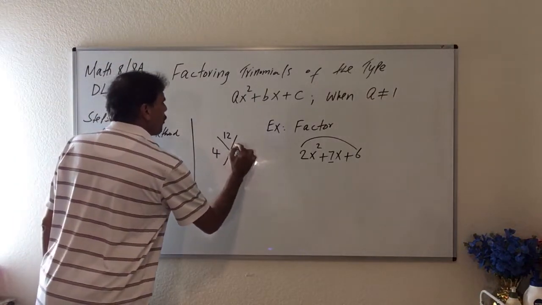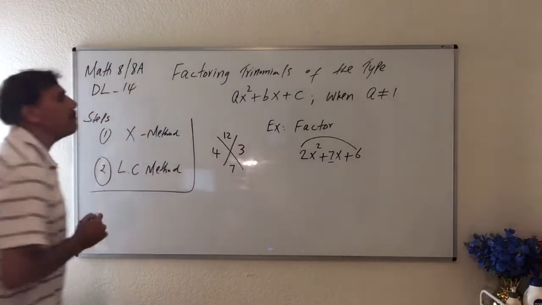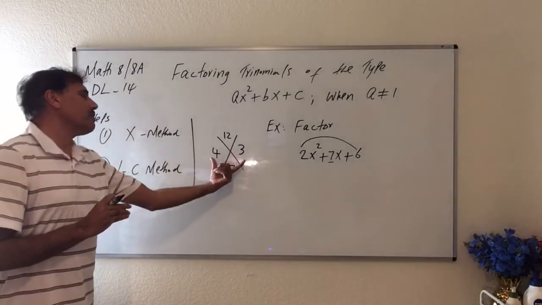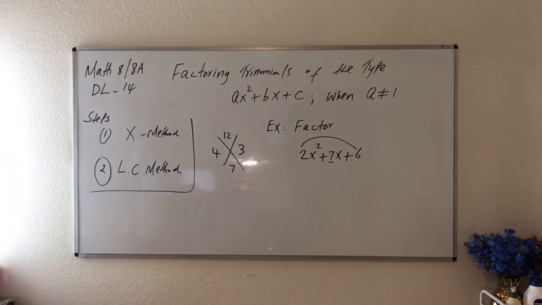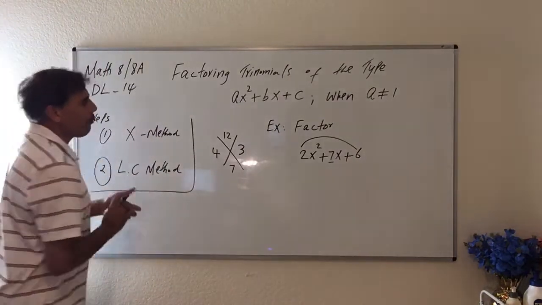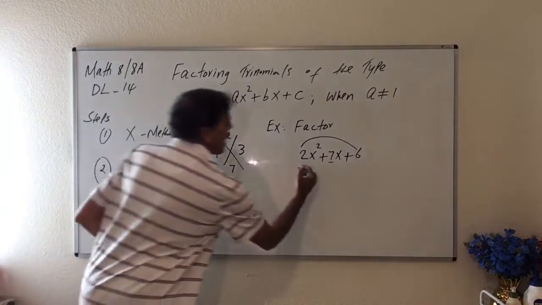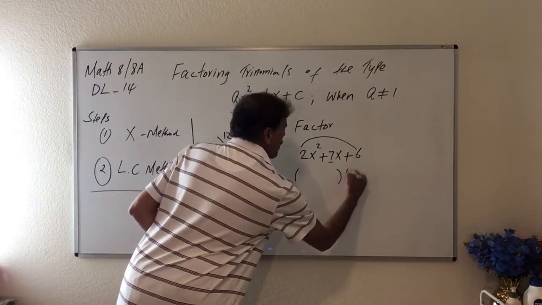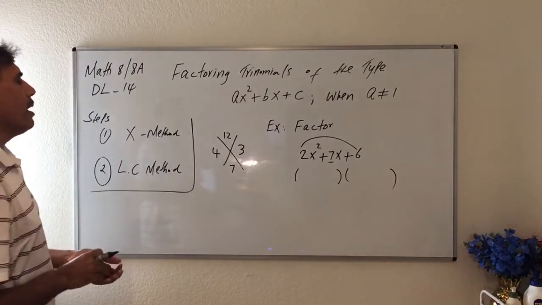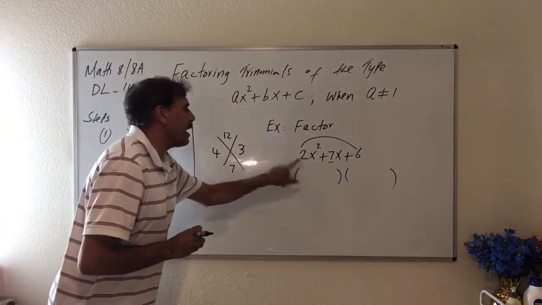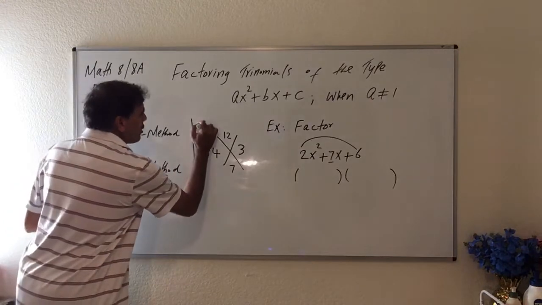So 3 and 4, or 4 and 3, is the same thing. Remember, you can write these any way you want because 4 times 3 and 3 times 4 is the same thing. So now keep in mind there are two factors here, so do not write x plus 4 times x plus 3, because your leading coefficient is not 1. So that's step 1.